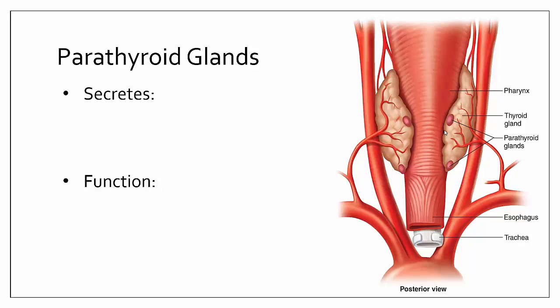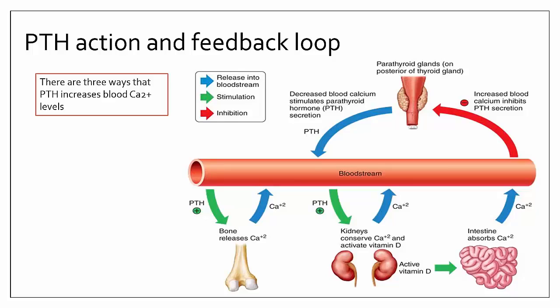Parathyroid hormone goes on and does a few things. One that we talked about the most last semester was increasing the activity of osteoclasts to break down bone, but there are actually 2 other mechanisms for parathyroid hormone to increase calcium in your blood. So there are 3 total ways that parathyroid hormone increases blood calcium levels.